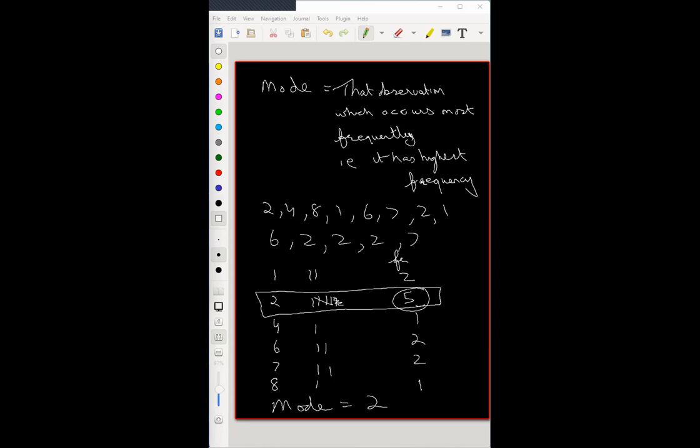Are you all done? Arpita, are you done? All of you will quickly find the mode of this data.